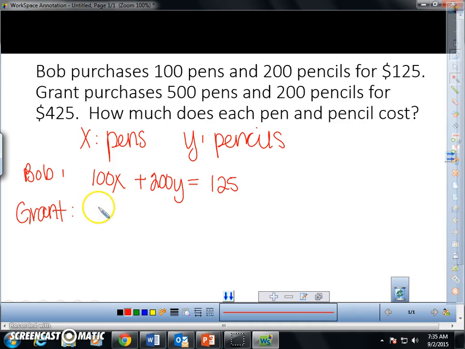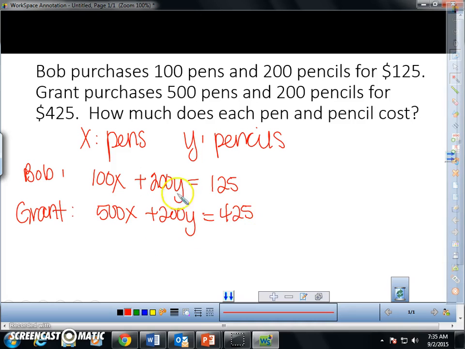So he spent money for 500 pens, so 500X, and 200 pencils, so 200Y, which is equal to $425.